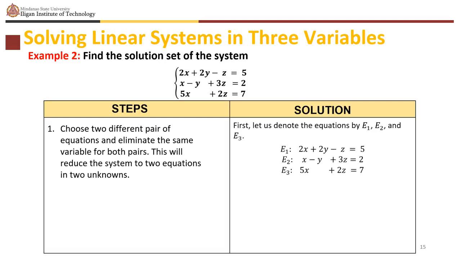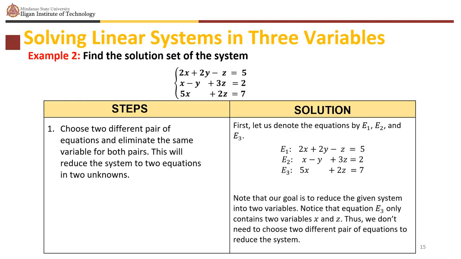So first, let us denote the equations by e sub 1, e sub 2, and e sub 3. So you choose e sub 1 to be 2x plus 2y minus z is equal to 5, e sub 2 as x minus y plus 3z is equal to 2, and e sub 3 as 5x plus 2z is equal to 7.